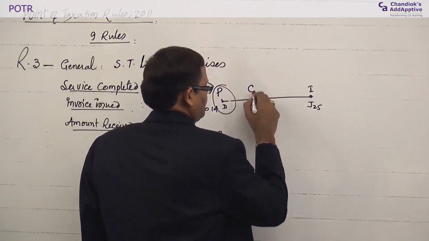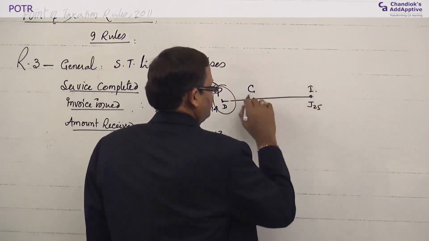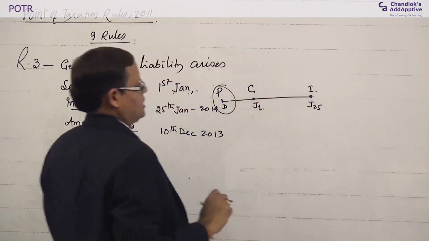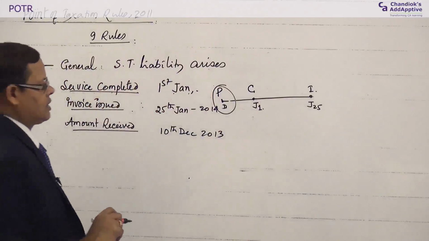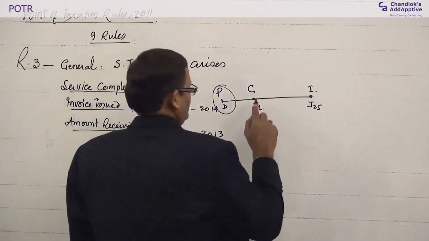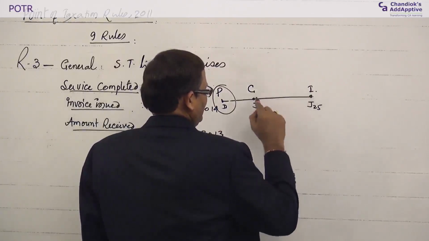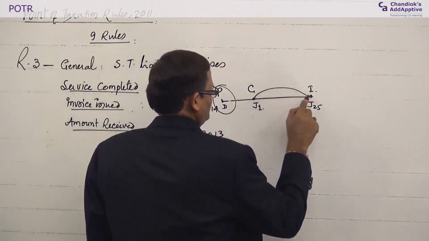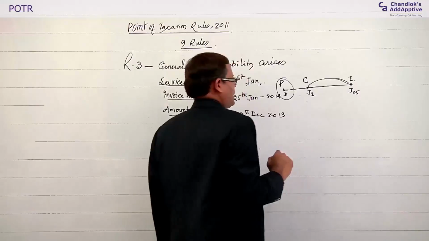So, the date of completion and date of invoice both are irrelevant now, and it is also irrelevant whether the invoice was issued within 30 days or not.